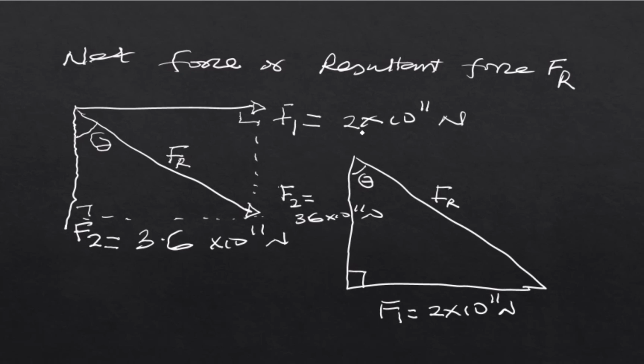So from here, to be able to get our resultant or the net force, we can possibly apply Pythagoras theorem, because this is directly a right angle triangle. And because we have a right angle triangle, what we need to use here is to apply Pythagoras theorem straight ahead.